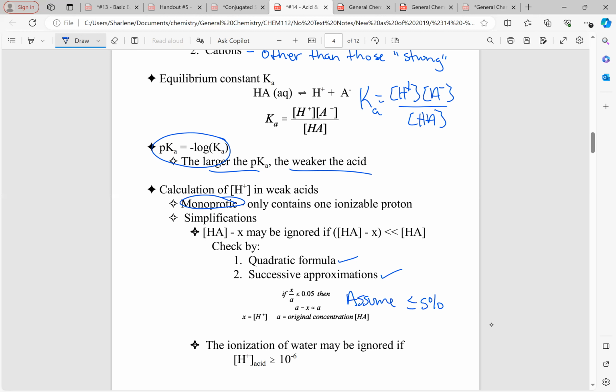And then I also have to worry about, doesn't water make protons all by itself? Don't I have to consider that it's adding protons into my solution? The answer is yes. The easiest way to do this is to go through an example for you, and so we're going to do vinegar.